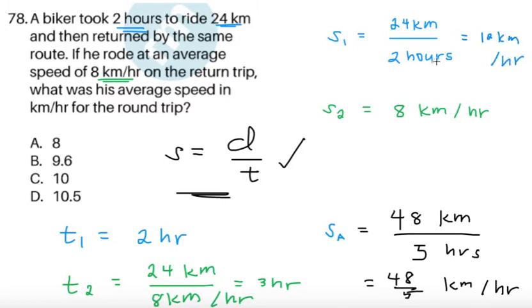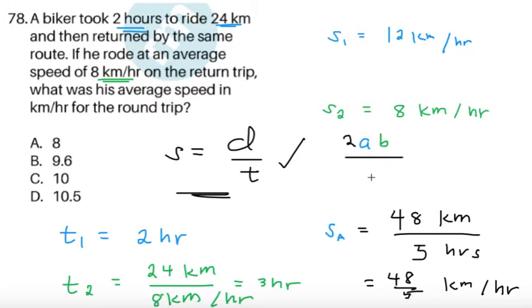After we get that the speed is 12 kilometers per hour, we apply the following formula. We're going to get the harmonic mean of these two. The harmonic mean is achieved by this: 2AB divided by A plus B.